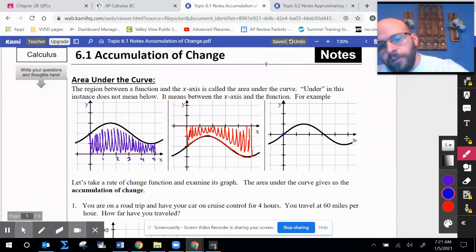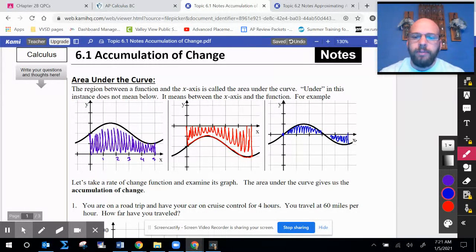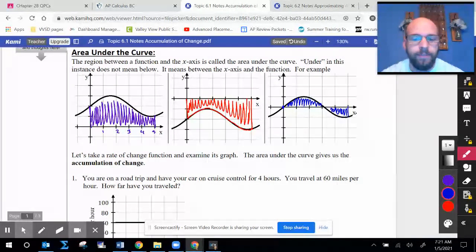So from 0 to 5, I would have a section above the x-axis and then a section below the x-axis. Again, just for communication purposes, when I refer to the area under the curve, I'm always referring to the area between the function and the x-axis.